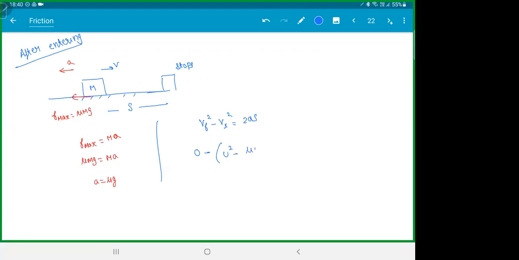So 0 minus (u square minus mu g L) is equal to 2 times minus mu g times s. So minus will go off. The u square minus mu g L is 2 mu g s. So s will be u square by 2 mu g minus L by 2.